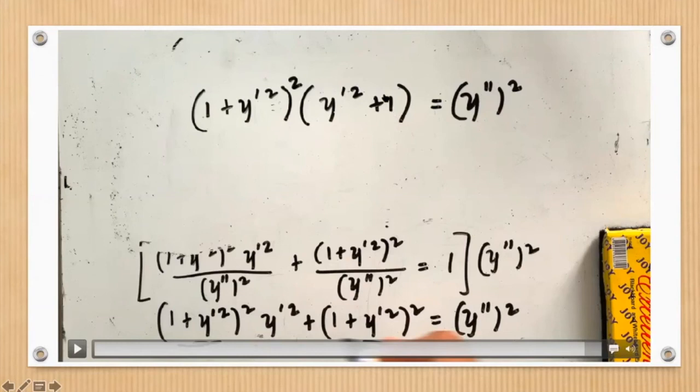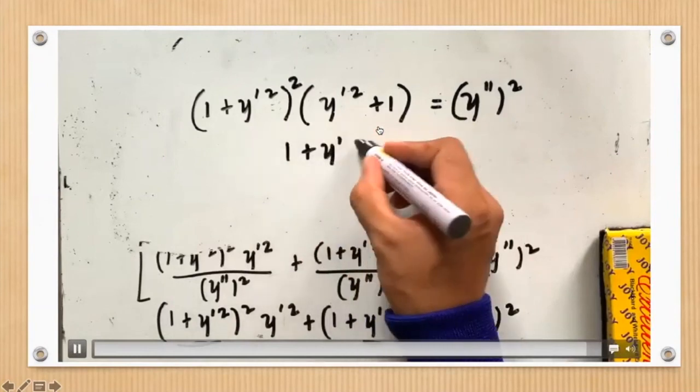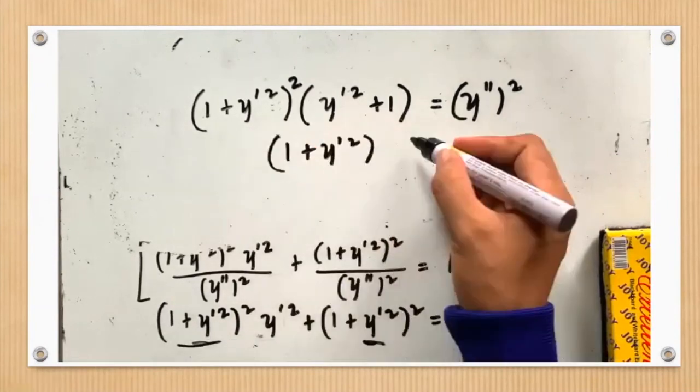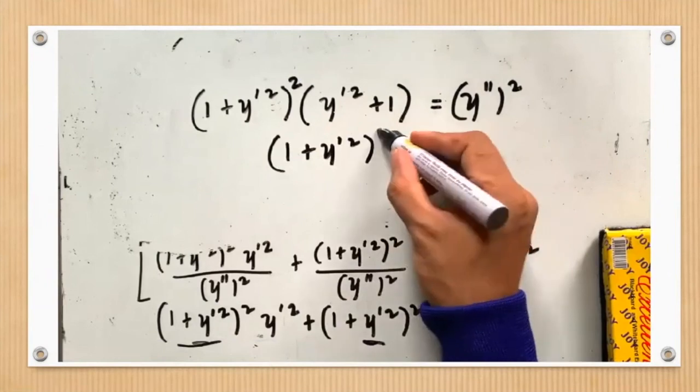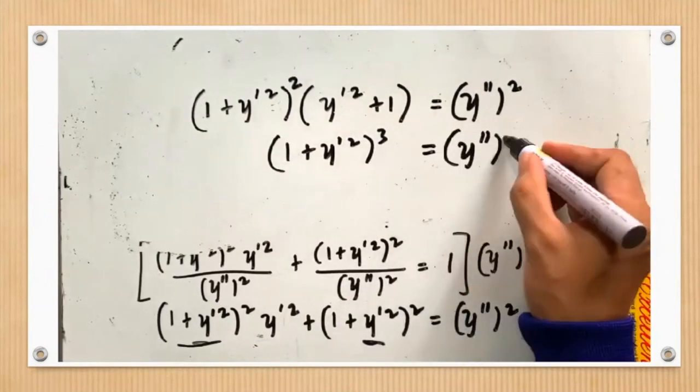Napansin niyo pareho lang to, di ba? Magkaiba lang yung arrangement nila. So you can combine actually these factors, 1 plus y prime squared. Law of exponents lang, the exponents will be added. So 2 plus 1 is 3, equal to the right-hand side, the y double prime raised to 2.